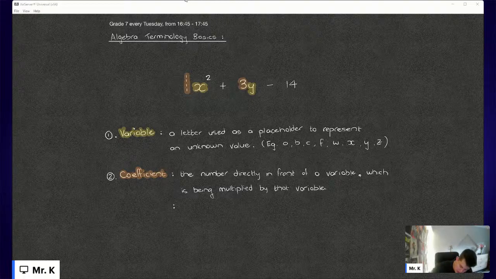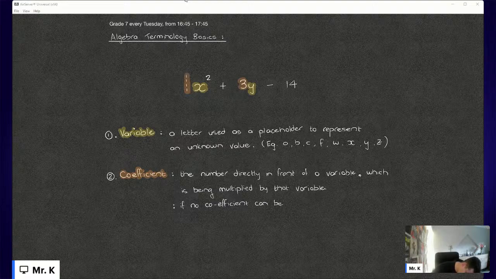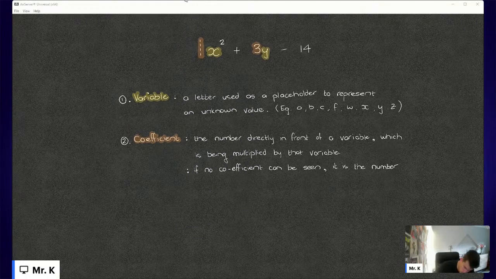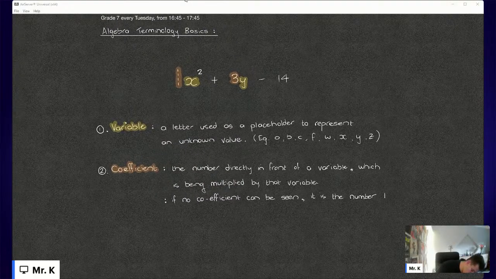You must please remember, if no coefficients can be seen, it is the number 1.